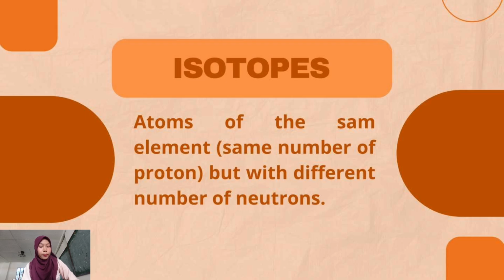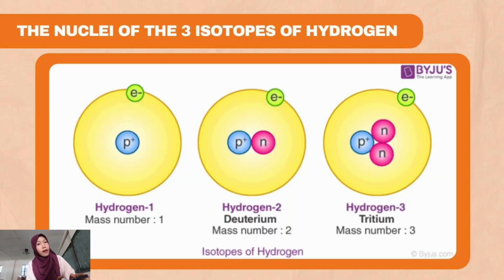An isotope is atoms of the same element, with the same number of protons but a different number of neutrons. We all know that the number of protons in an atom determines the identity of an element. We have the picture right here, the nuclei of 3 isotopes of hydrogen. The first one here is hydrogen.